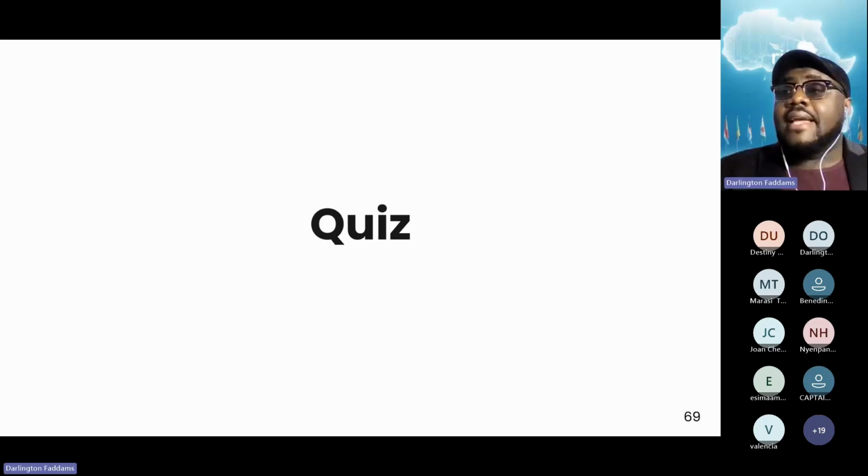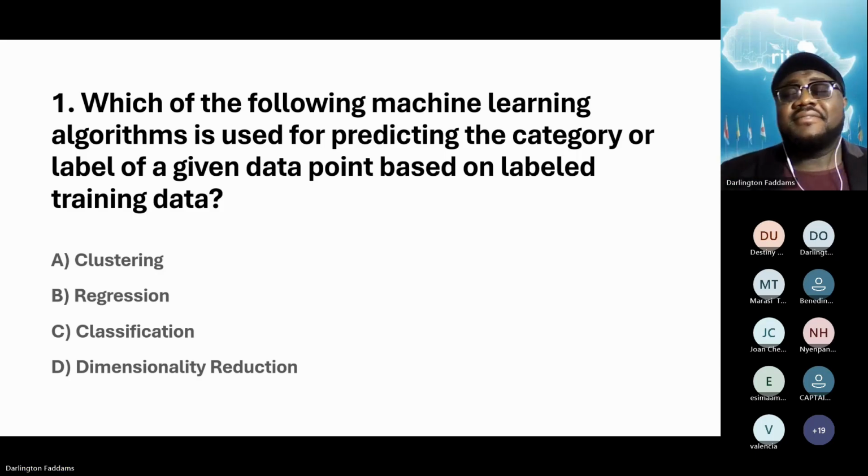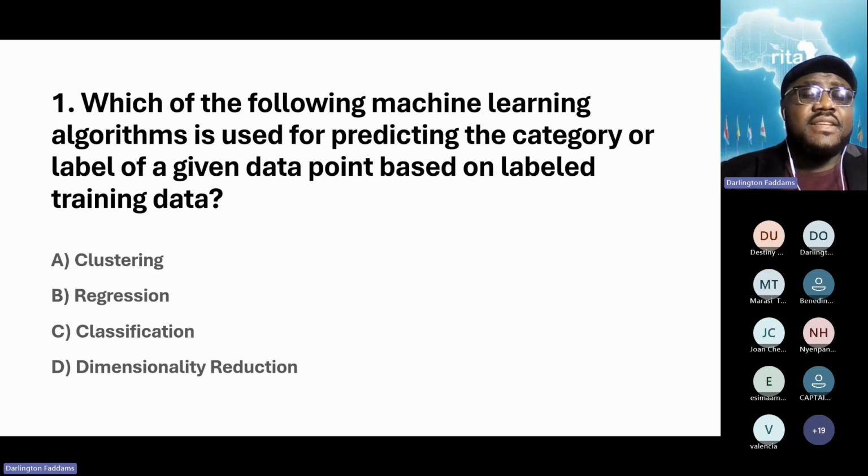Okay, let's take a quiz, and I'm going to give the project as an assignment. Question one: which of the following machine learning algorithms is used for predicting the category or label of a given data point based on labeled training data?